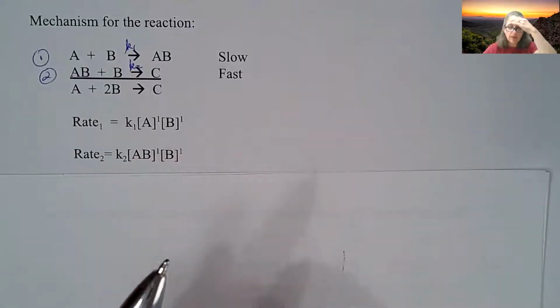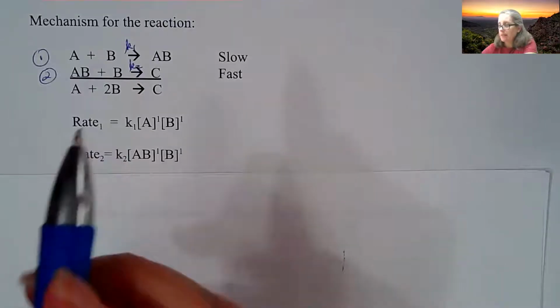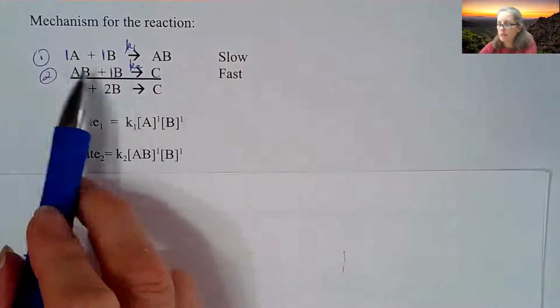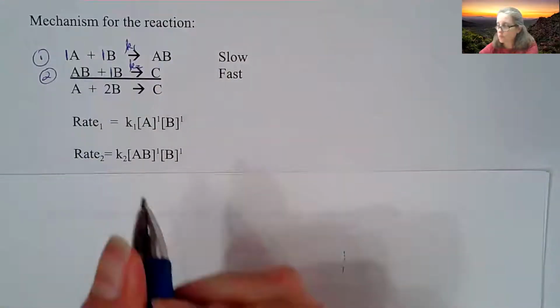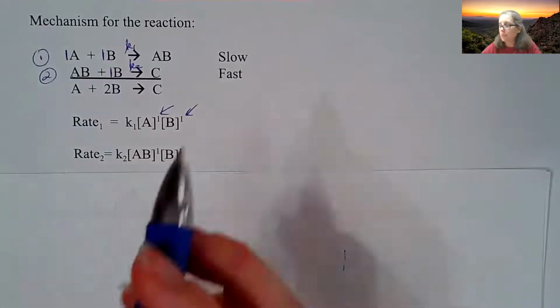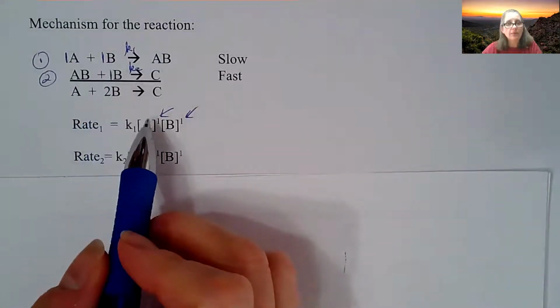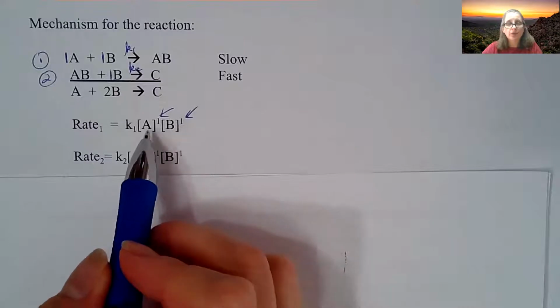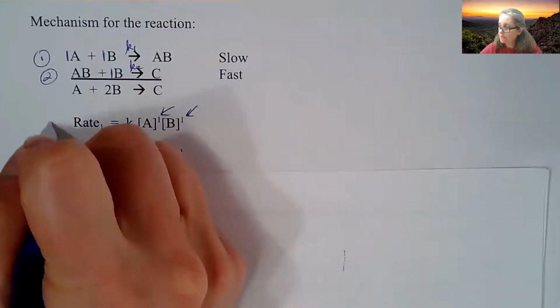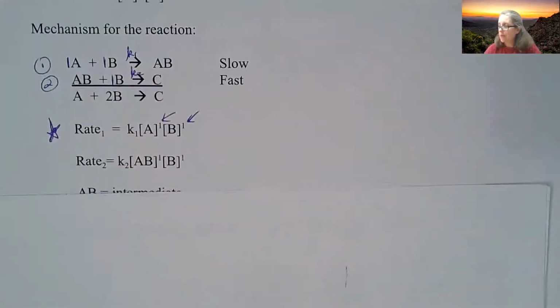Now the good news about mechanisms is that however many you have of each one of these substances translates directly to the order. So if I have 1 A and 1 B in my equation, that means both of these are first order according to A and B.